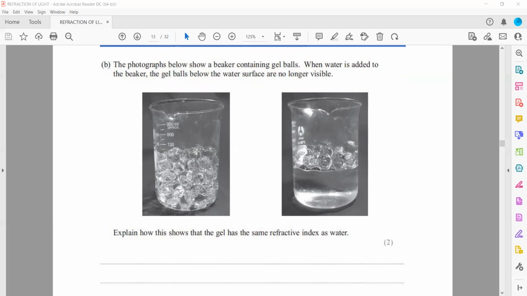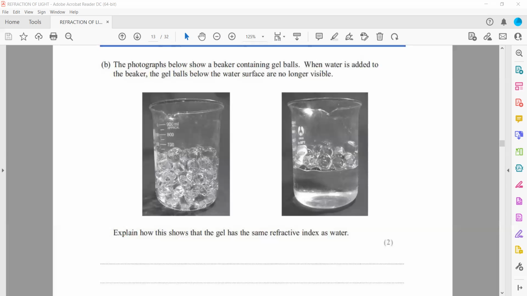So how can it show that the refractive index of the gel ball is the same as the refractive index of the water? There is no change in direction of the light, or there is no refraction. That's why. Otherwise, what might happen if the gel balls had a different density than water? Then there should be a refraction of the light, or the light should change direction.